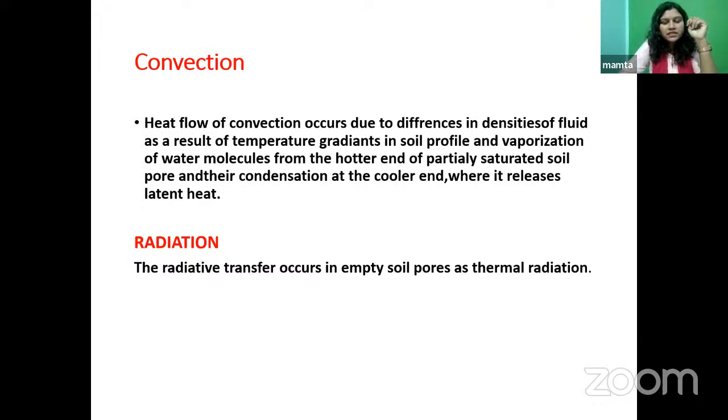As a result of the temperature gradient in the soil profile, water molecules vaporize from the hotter end of the partially saturated soil. If there is only some amount of water, that means the soil is unsaturated. Then convection will occur, as the soil water vapor moves into the unsaturated soil.